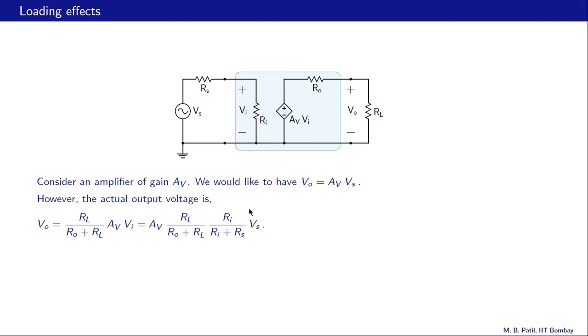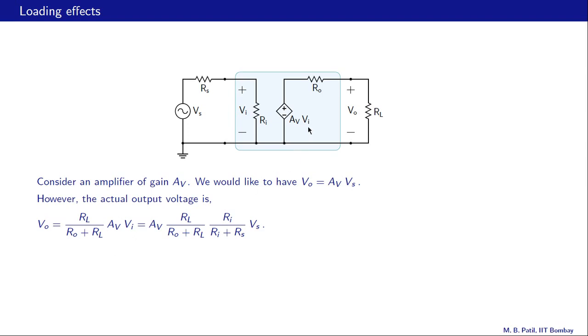Now in reality the actual output voltage is slightly different, and let us see how. This VO is not quite AV times VI because there is a voltage division here. So it is AV times VI multiplied by RL divided by RL plus RO. That is this expression here.